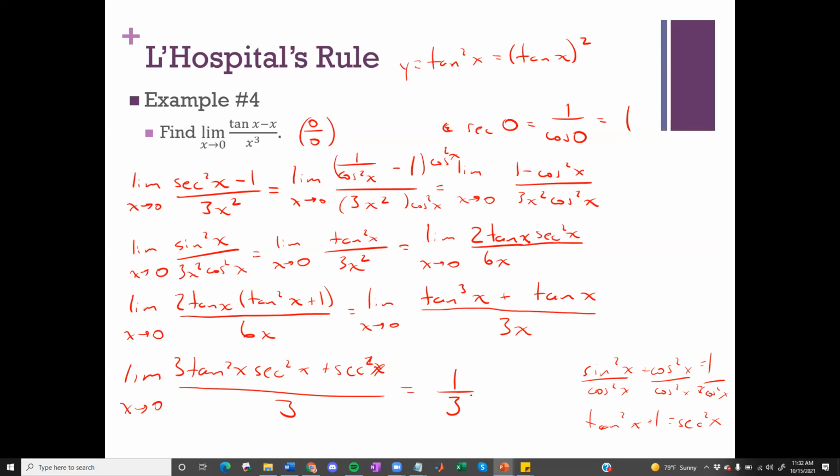So yeah, tangent of 0 is 0, but secant of 0 is 1. So kind of a long way to go. That was the longest way we could have gone, but we got there. Any questions on that?